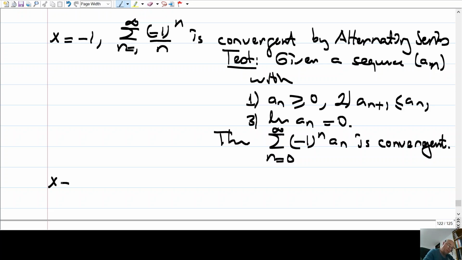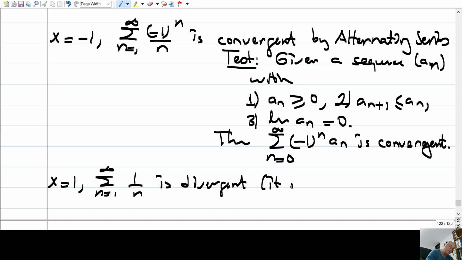What about the other endpoint? So it is the series 1 over n. This is divergent, right? It is the harmonic series.